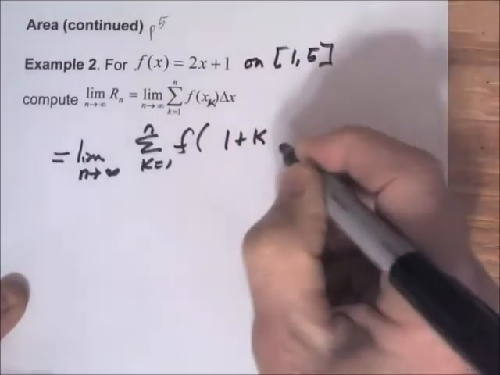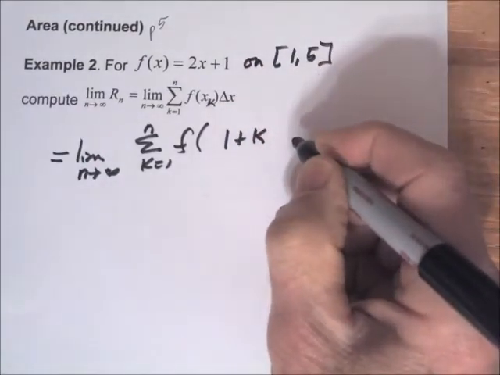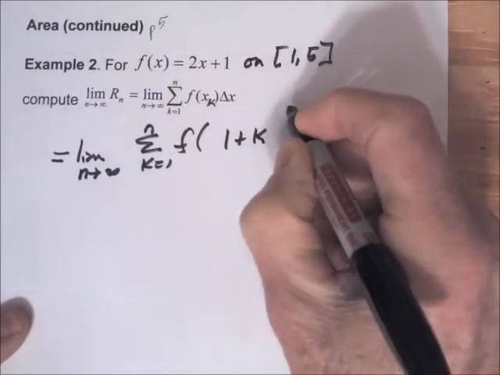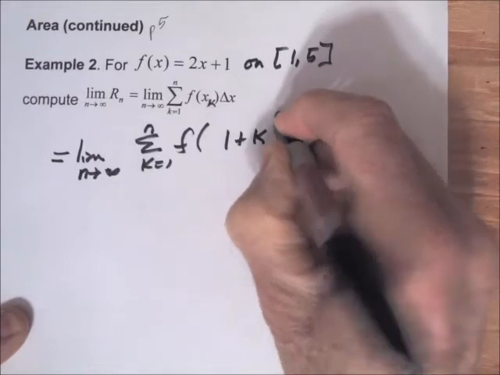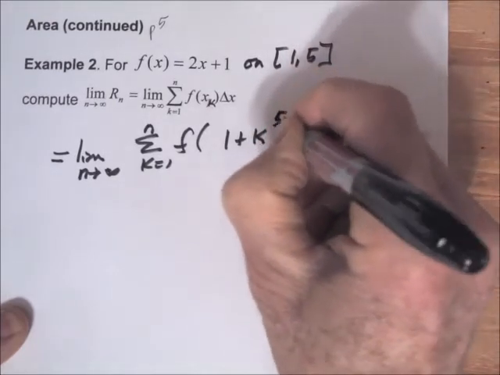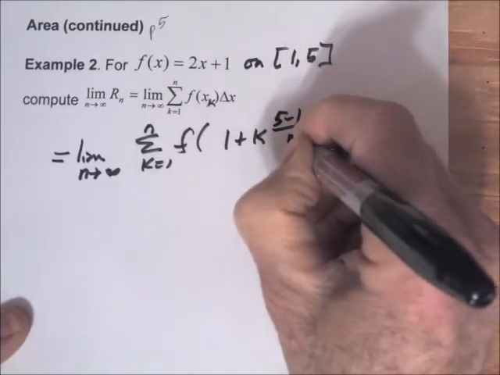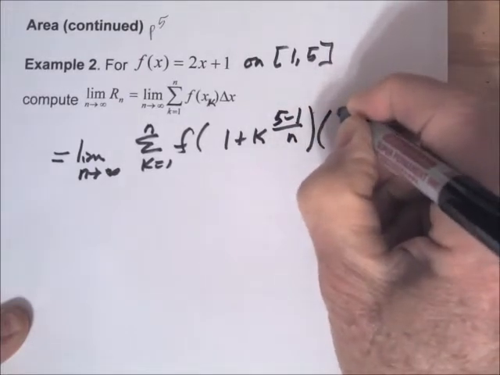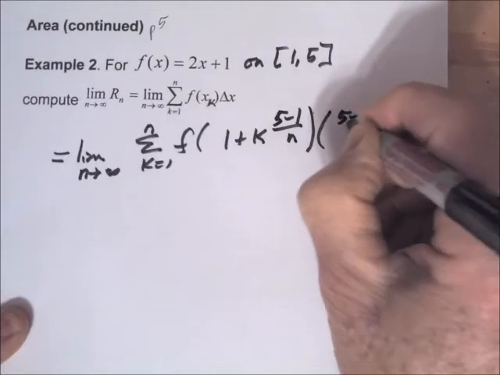I didn't specify the interval. It's the same interval we had before, from 1 to 5. So the width of the interval is going to be 5 minus 1 over n.